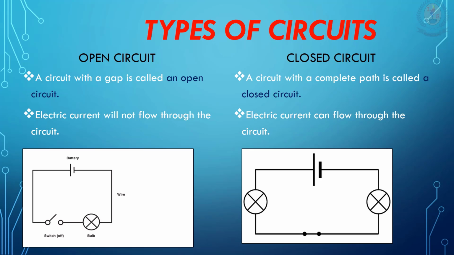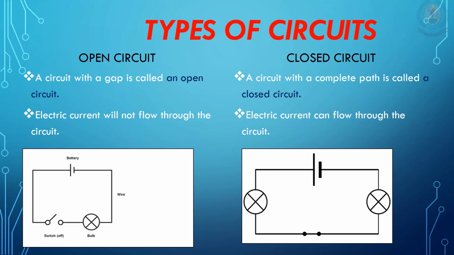Therefore, the electric particles cannot flow around the circuit. This is not a complete circuit. Then tell me, can the current flow through this circuit? No, the current cannot flow through the open circuit.